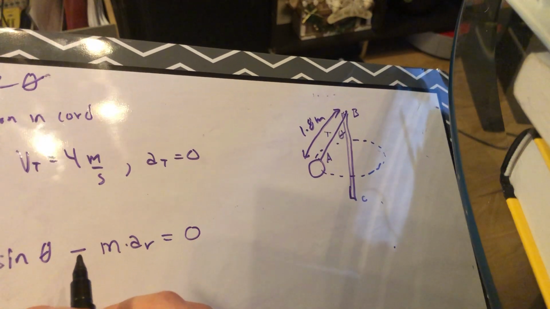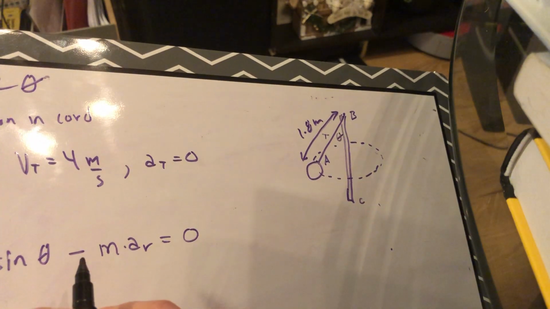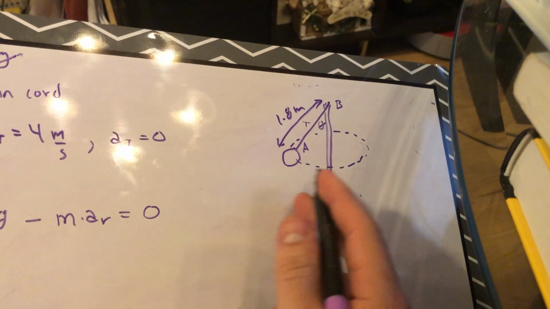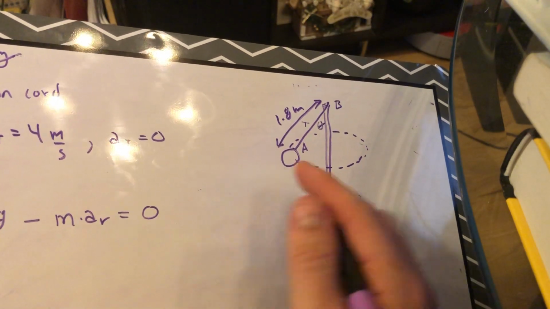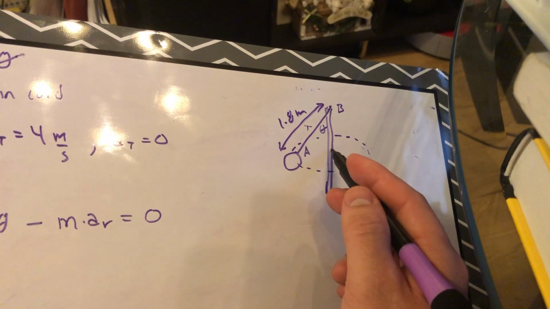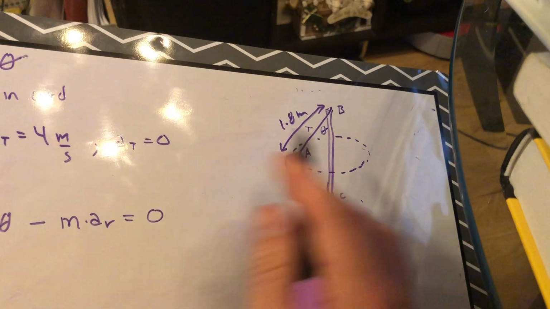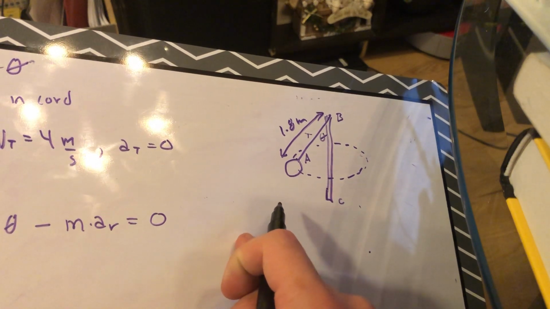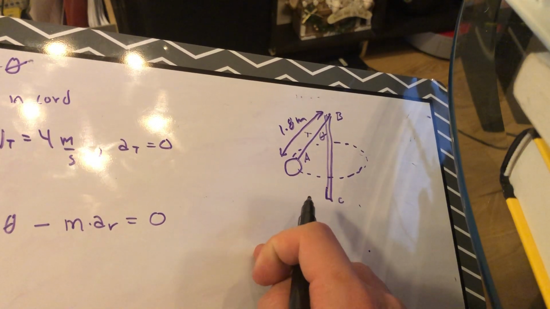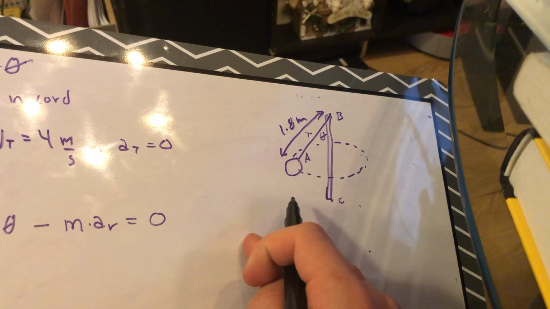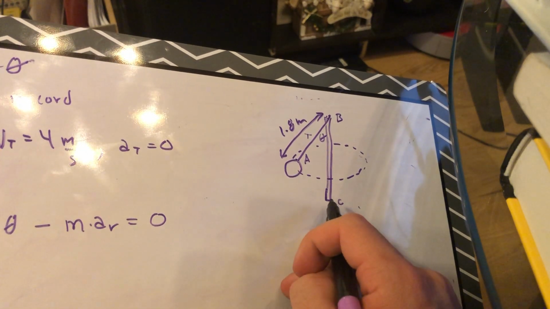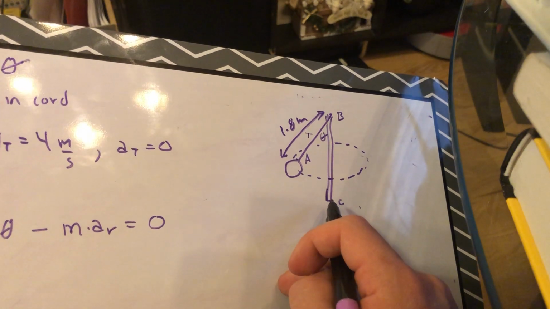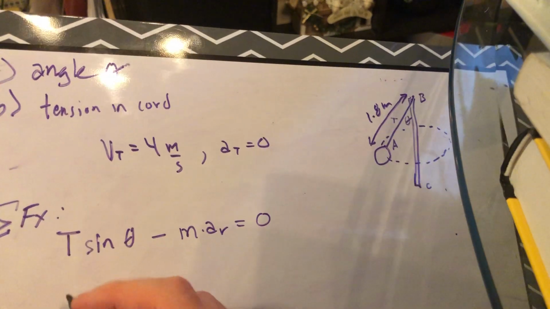Does that seem reasonable? Is that our forces in the x direction? It's not really the x direction, it's more of a polar x term here. So that is going to be changing as the mass rotates. That seems legit.